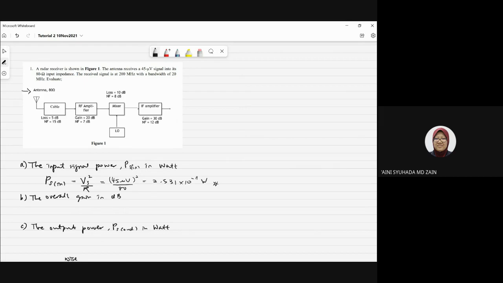This is your input part and this part will be your output. So you have to be careful on reading the parameters that has been given to you based on the related question. So the overall gain in dB.